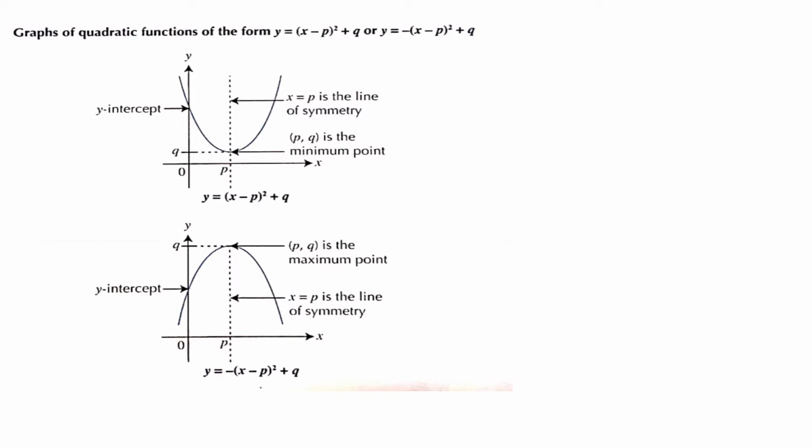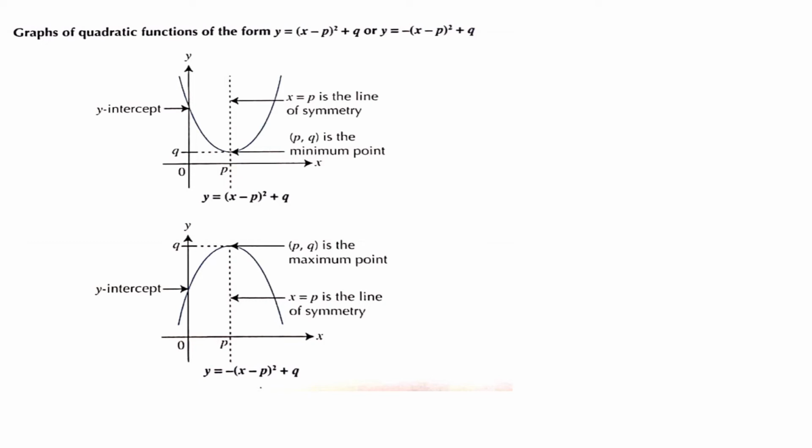It has a minimum value of y and the curve will open upward. (P, q) are the coordinates of the vertex and q is its minimum value. x equals p is the line of symmetry over here.